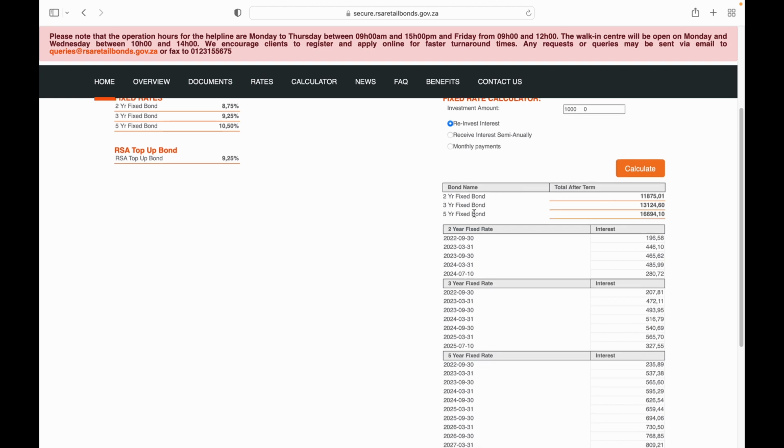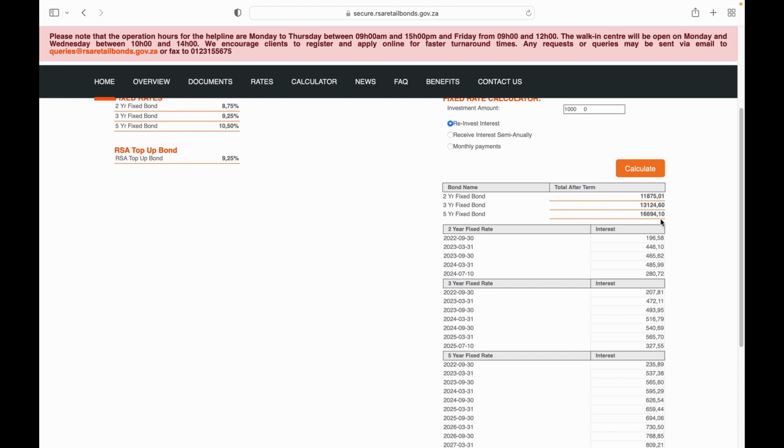So now we can see that if you invest 10,000 rand for 5-year fixed, at the end of that 5-year period, you can expect to have earned about 6,694 rand. That is the interest. So what you're going to get back is 16,694. So here we can see that you're going to get just about close to 67% return on your investment, right?